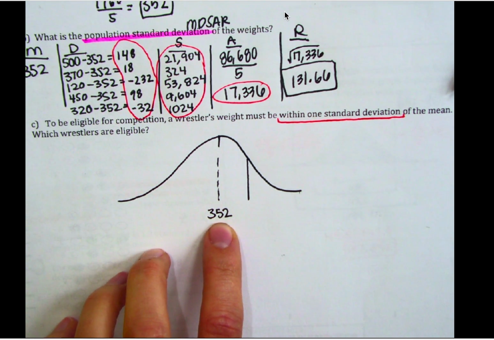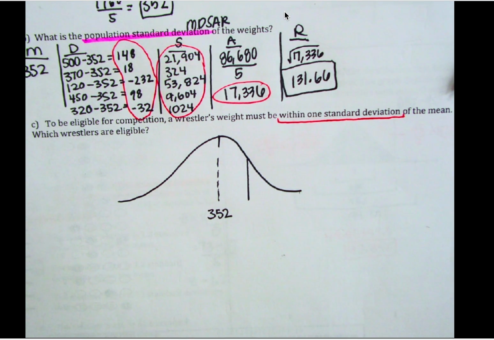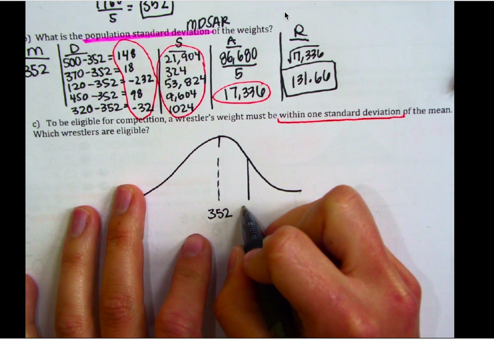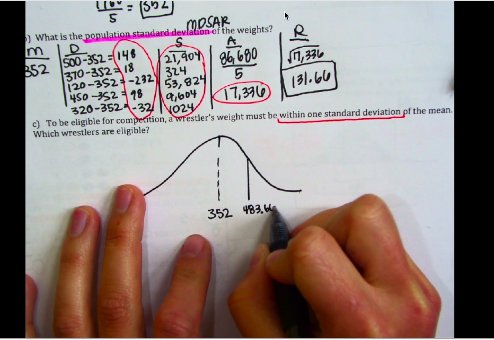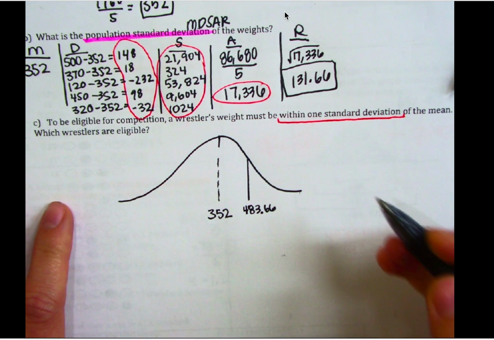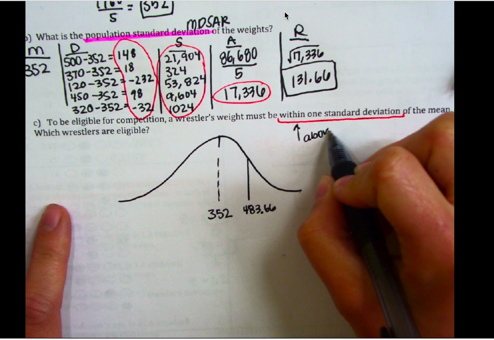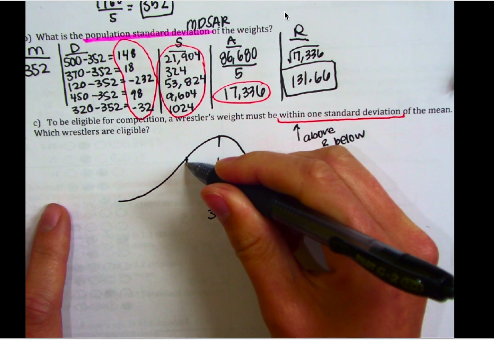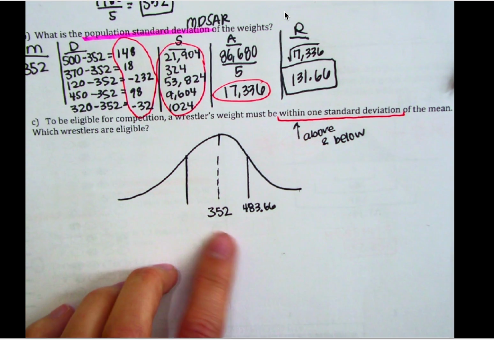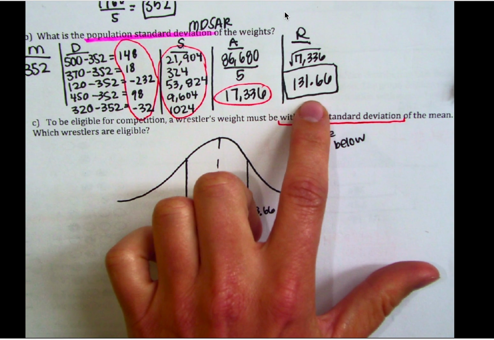So if I was going to lay out these, 1 standard deviation above would be if I took 352 and I add my standard deviation, which is 131.66. So 1 standard deviation above would be 483.66 pounds. Okay, but they say within, so we need to know this means above and below the mean. So I'm going to go ahead and find 1 standard deviation below by taking 352 and this time subtracting my standard deviation.